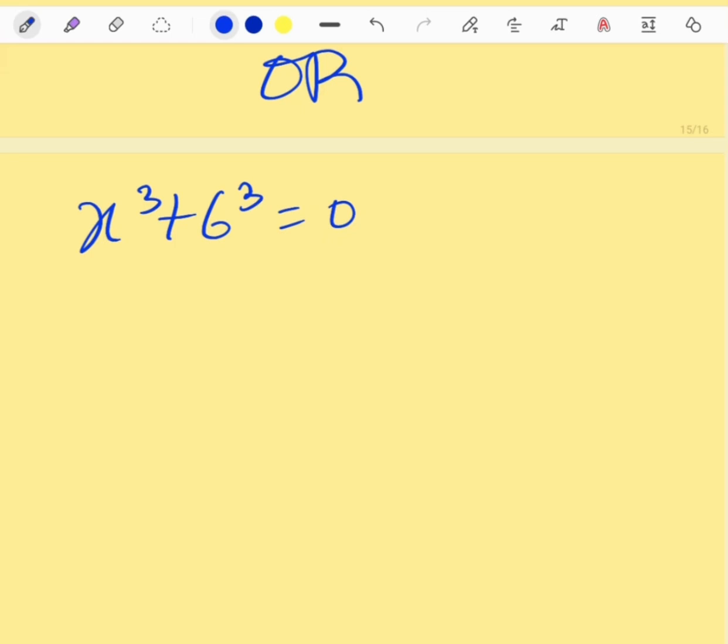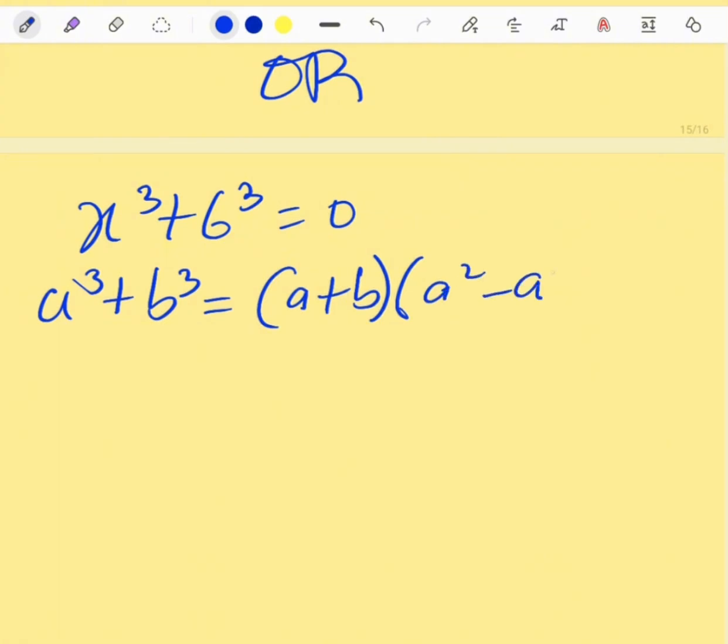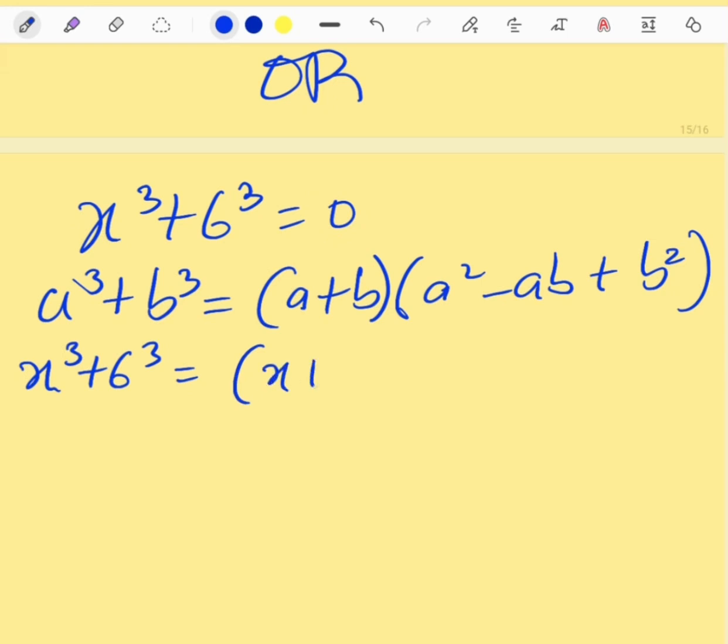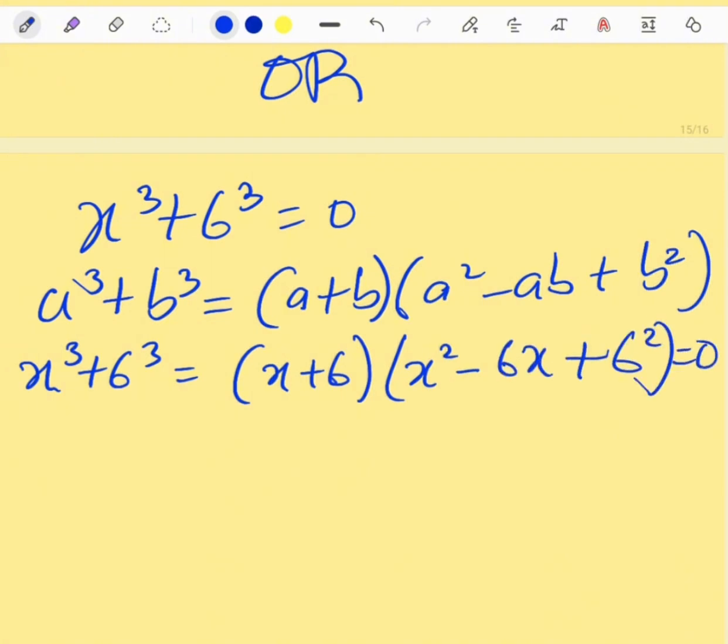So we need to know what we call the sum of two cubes. The sum of two cubes tells you that a cubed plus b cubed is equal to a plus b into a squared minus ab plus b squared. So now x cubed plus 6 cubed is equal to x plus 6 into x squared minus 6x plus 6 squared, equal to 0.